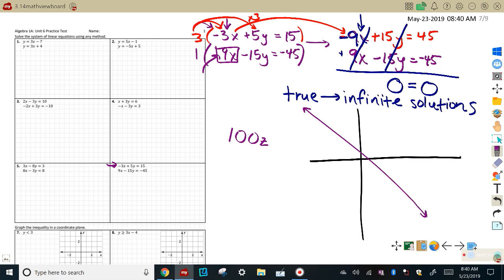So if I had one that went like this, that would be my one solution. This ordered pair, this x comma y, would be the only pair that works. But in the event of an infinite number of solutions, I actually have the same line that overlaps. So they're really the same line.